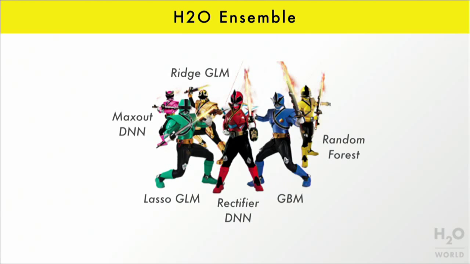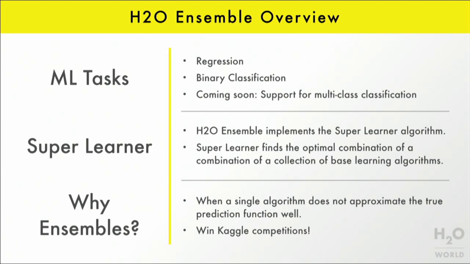Even if some of them aren't that great, they all contribute something. Everyone has something unique to offer, even if it's not necessarily good on their own. So that's kind of how I think about it. In the Ensemble package, we currently support regression and binary classification, and we'll be adding multi-class classification soon.